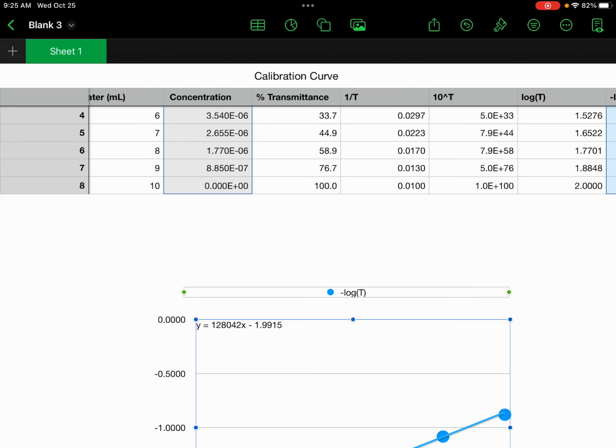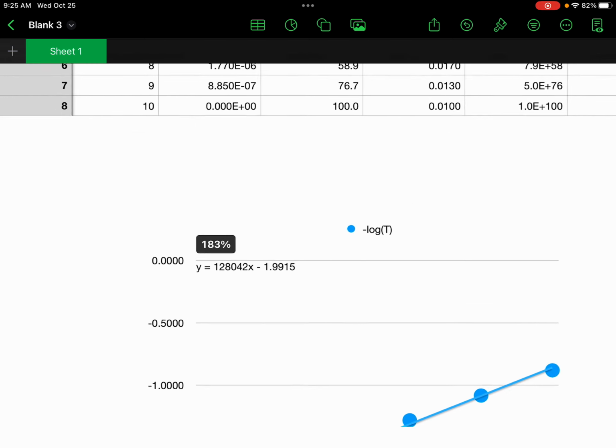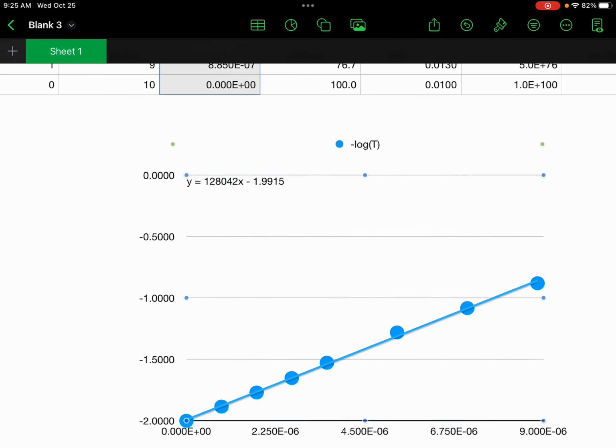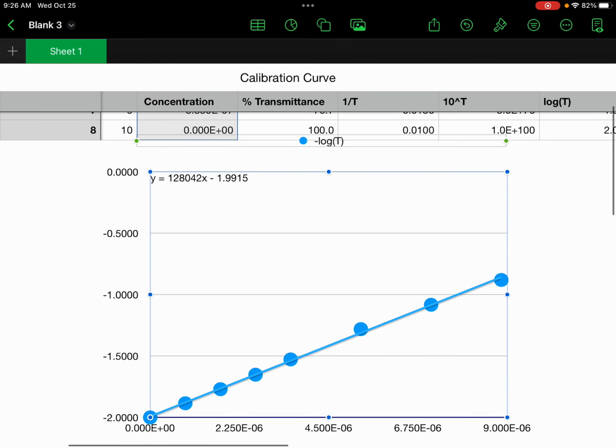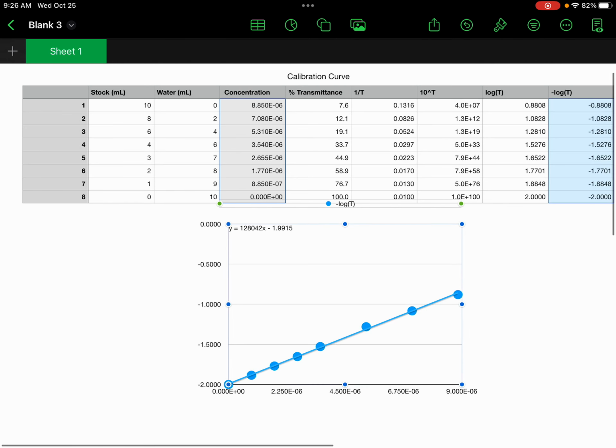So if I set negative log of t equal to 128,042x minus 1.9915, I could plug in the transmittance of any unknown solution, and then when I solve for x, that'll give me the concentration. In other words, when I plug into this line, I will be finding an unknown concentration. So therefore, I have found the linear relationship between the concentration and the transmittance. And I had to do that by graphing the negative log of the transmittance and the concentration.